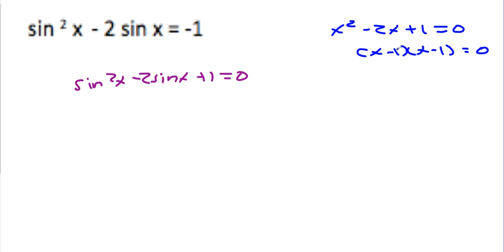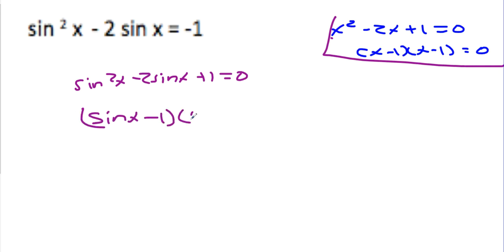So we're going to keep it pretty basic. It's going to be the same thing over here. We're going to factor it out. In fact, this is a technique y'all may want to use. Break this up into what you saw in Algebra 1 and then redo it over here. Factoring did not go away. Your algebra teacher was quite correct. So we're going to have sine of x minus 1, just like over here, sine of x minus 1 times sine of x minus 1 is equal to 0.